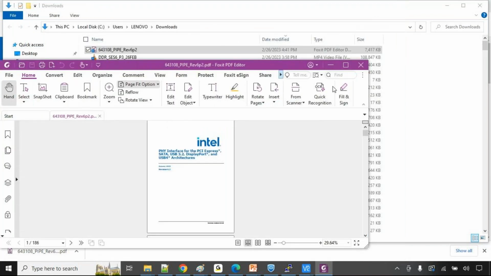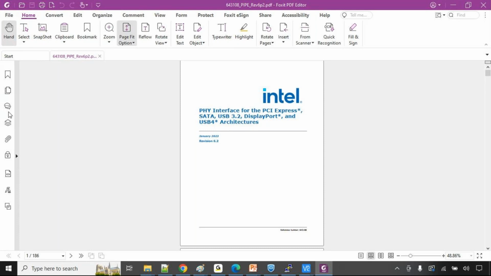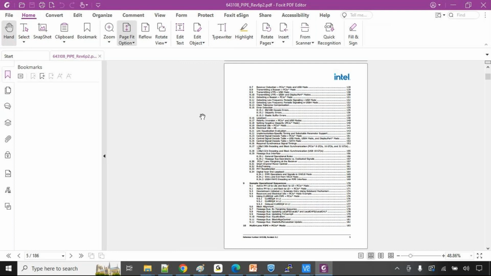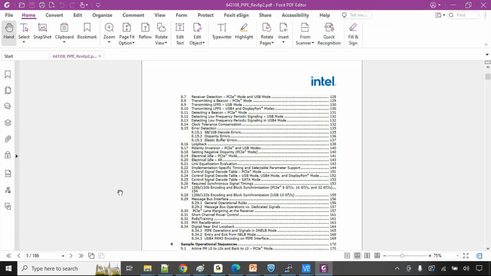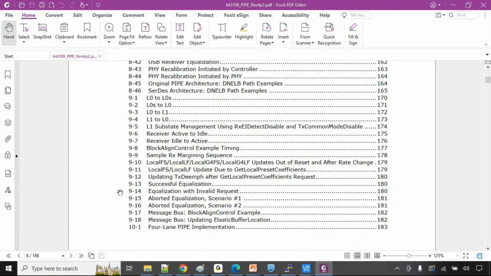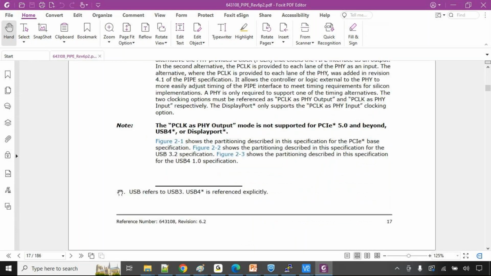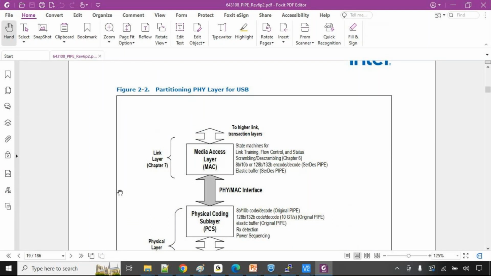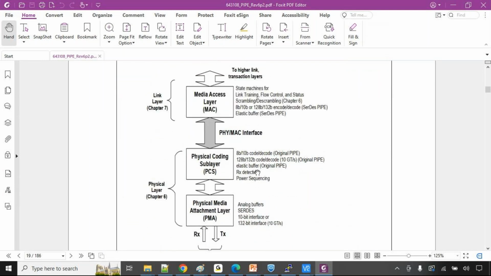On one side of the pipe, if you go down, you will see all this portion: 8-bit NB encoding, decoding, 128B/130B encoding, elasticity buffer, RX detection. Everything we'll do in the PCS, the physical coding sublayer, which we are not going to do.